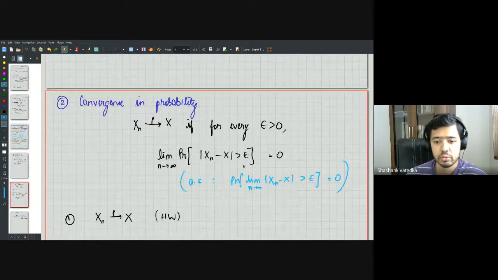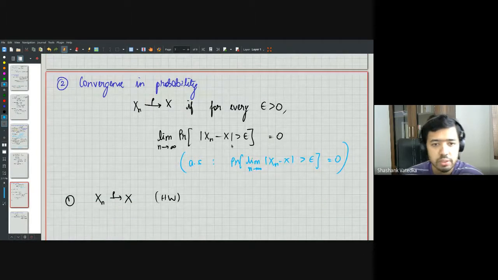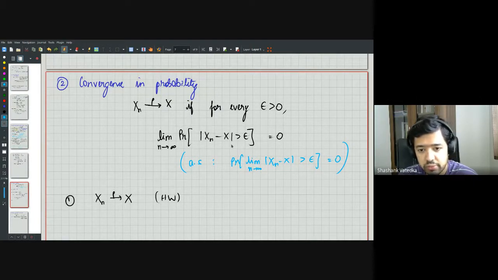Okay. So in addition to convergence almost surely, we also saw convergence in probability, and this is a weaker notion of convergence than almost sure convergence. So convergence in probability says that the limit as n tends to infinity, the probability that xn minus x is greater than epsilon, this should be equal to 0. Right?